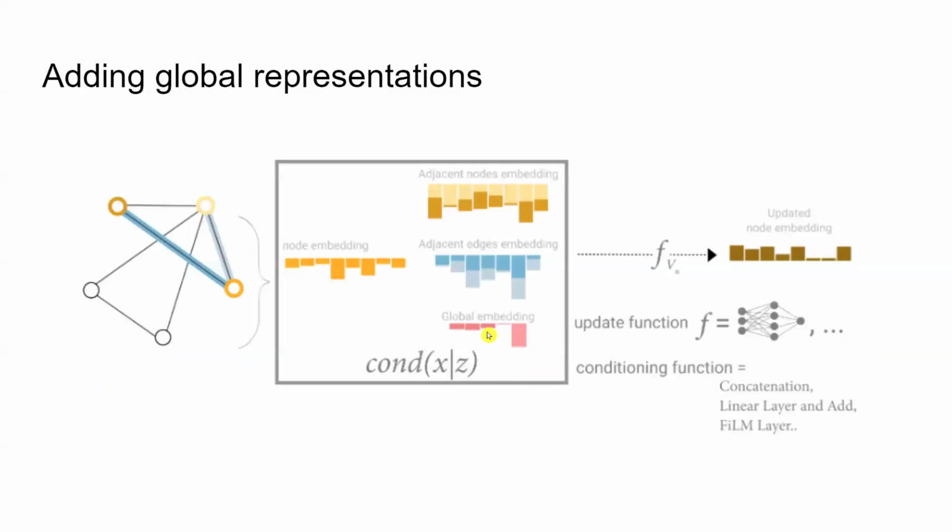So they have a node embedding, then adjacent nodes. They have the embedding of the node itself. So let's say we embed the node, and then we take into account the adjacent nodes. This node can have this node and this node, and then you take into account the edges of the node, so this edge and this edge.